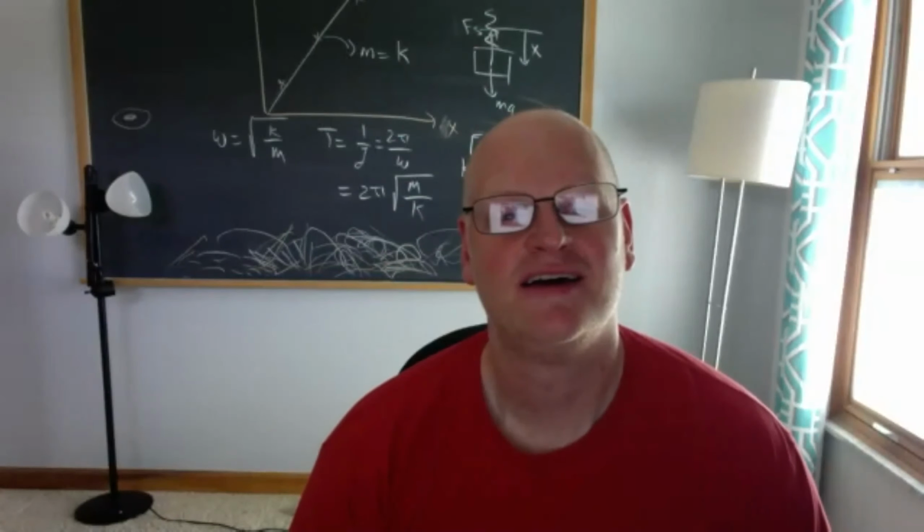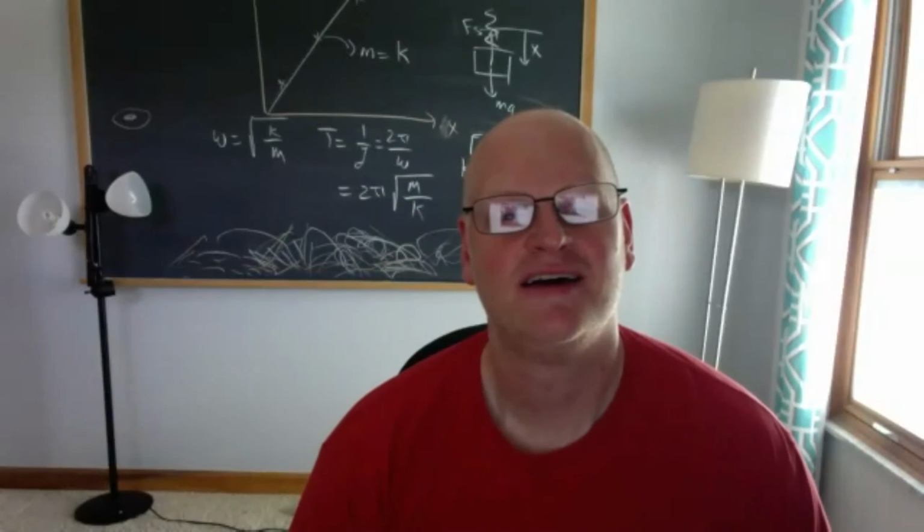Oh, I see. So that comes in part C. Remember, in part C, you're replacing F with MA. Once you do that, you have to isolate A, and then once you have A isolated, you get A is equal to something times X. Whatever shows up in front of that X is the angular frequency squared by definition. Okay.